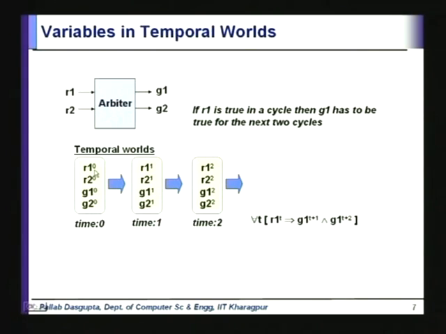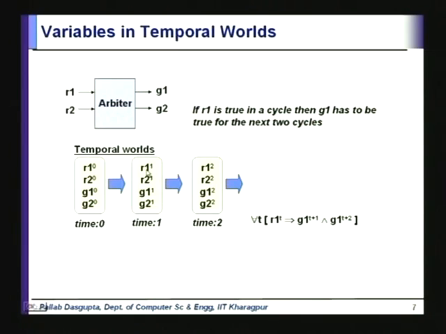We will say that R1 0 denotes the value of R1 in the initial state, R2 0 is the initial value of R2, and G1 0 and G2 0 are the initial values of G1 and G2. Then at time 1, R1 1 is another variable, it is not the same as the variable R1 0. And what does this variable represent?